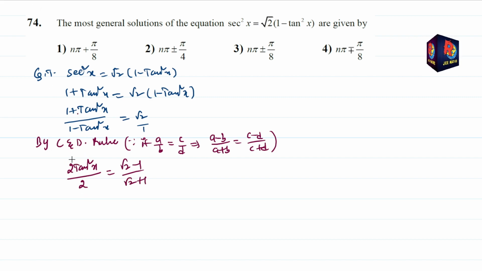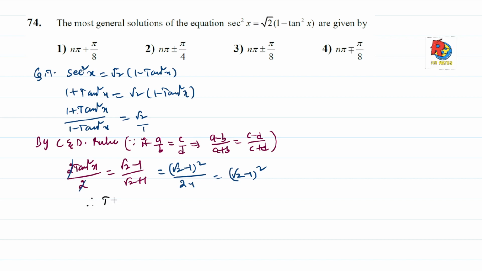Now this 2 gets cancelled. Then if I do rationalization, it will be root 2 minus 1 whole square by 2 minus 1, nothing but root 2 minus 1 whole square.